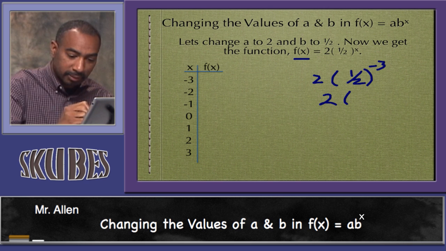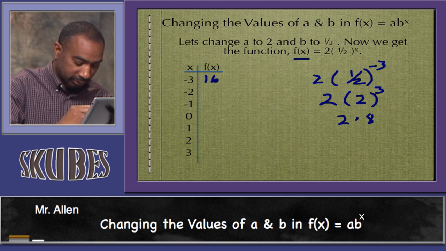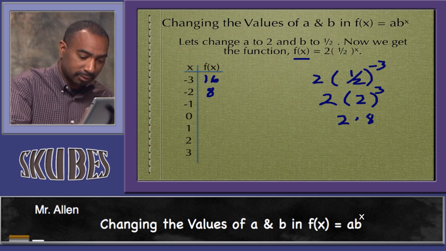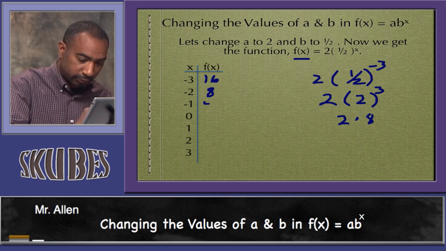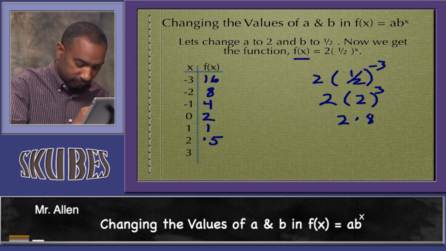You get 2 times 2 to the 3rd, which is really the same thing as 2 times 8. So that's going to be 16. You're going to do the same thing for the rest of them. This is going to be 8, 4, 2, 1, 0.5, 0.25.